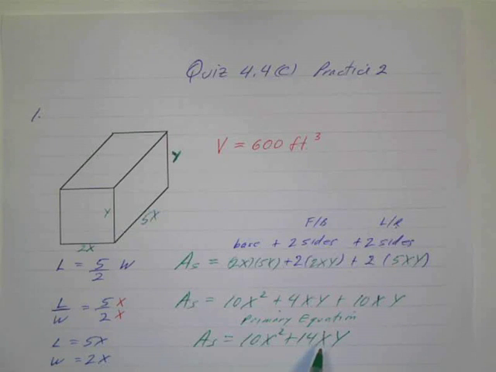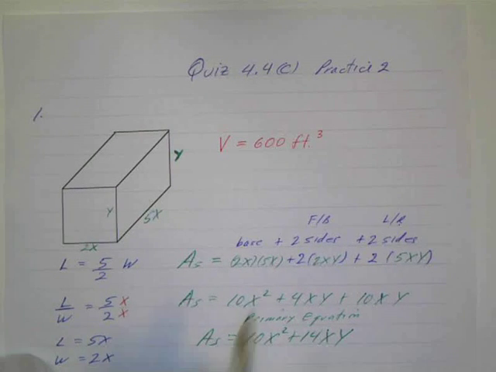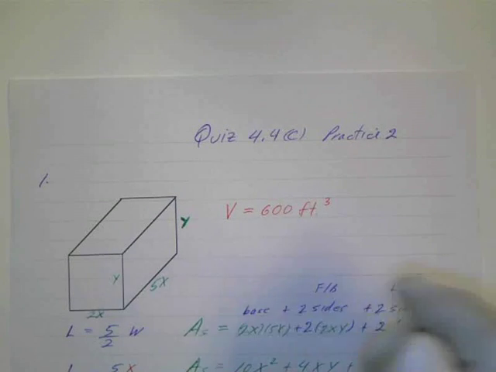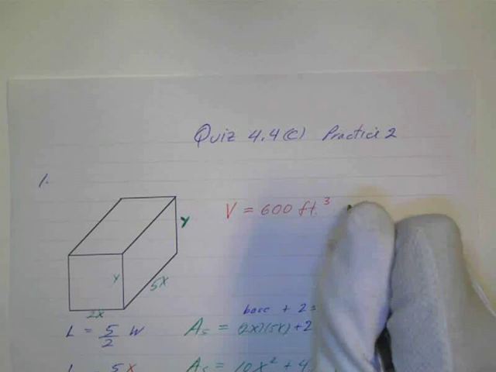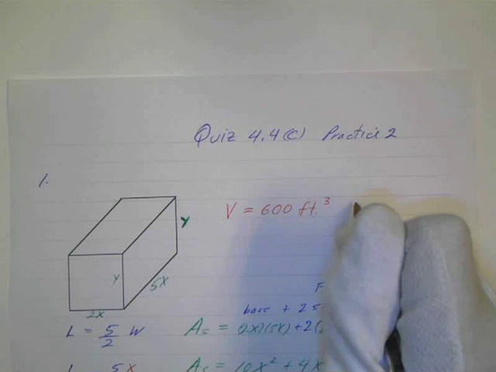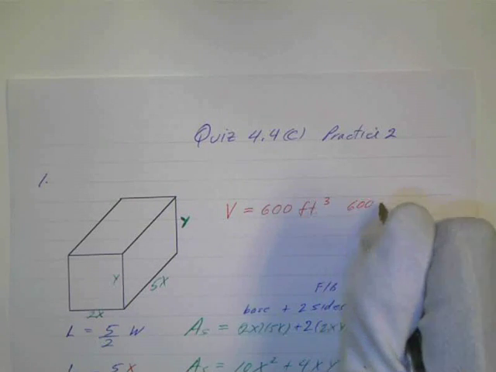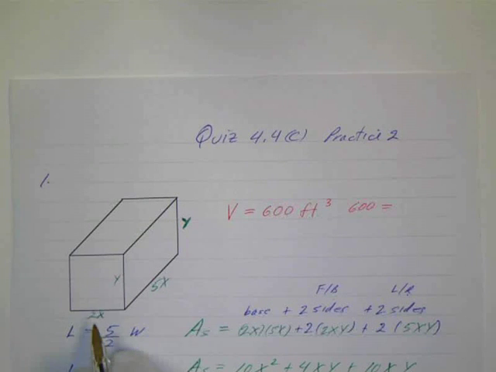Okay? And we have what we call up here our secondary equation, which would be based upon the volume, and we know the volume, which is 600. You can see it right over here, 600. Equals the volume, and that's going to be the length times the width times the height.